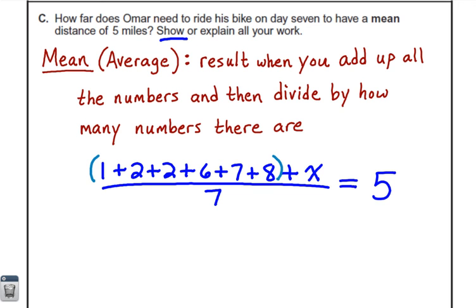That's 5. Better do this on your calculator. 3, 5, 11, 18, 26. Let me double check that. 3, 5, 11, 18, 26.